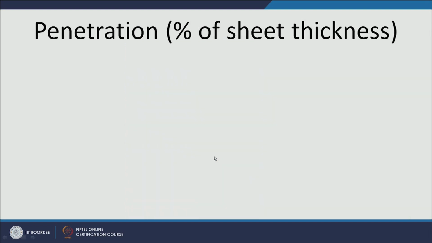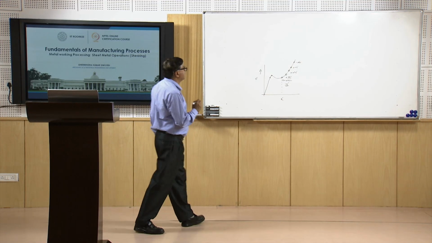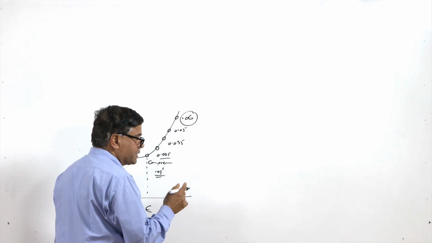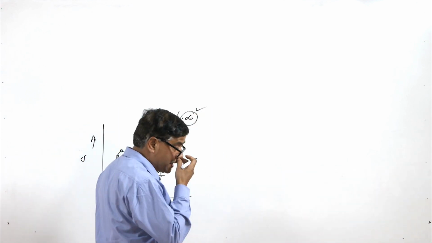So now we will see the penetration. What is the penetration needed for causing this shearing process? This is about the magnitude of the penetration, the entry of the punch into the sheet metal, for example by 0.06 inches.